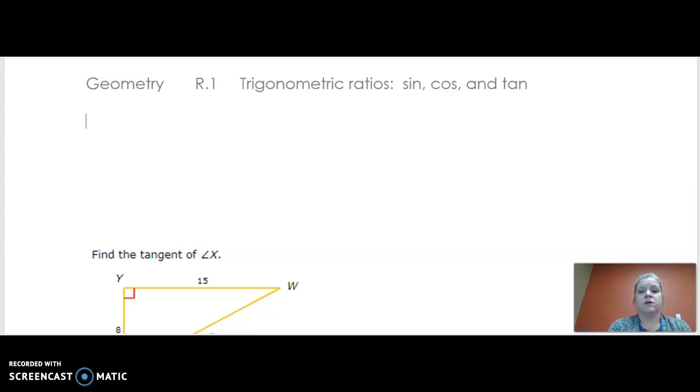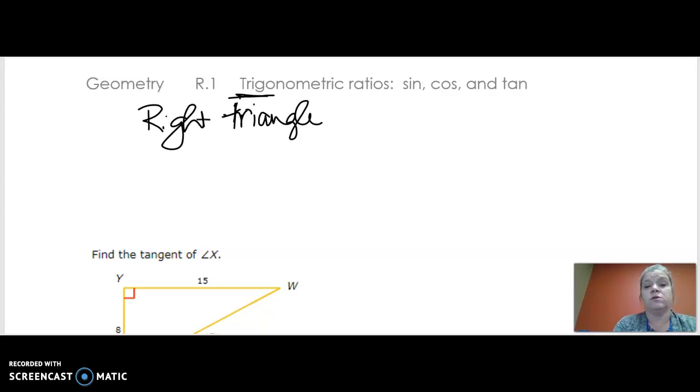All right. So trig means triangle. And we're going to be using right triangles whenever we are talking about trig ratios.